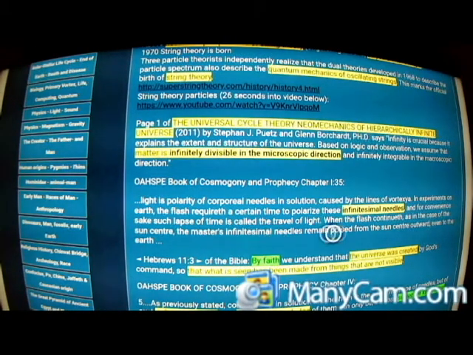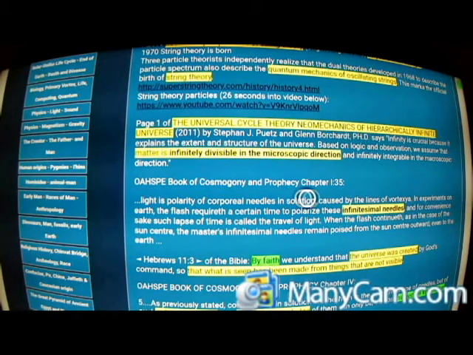Hebrews 11, verse 3 of the Bible. By faith, we understand that the universe was created by God's command, so that what is seen has been made from things that are not visible. And they're not visible because they are of such infinitesimal size.